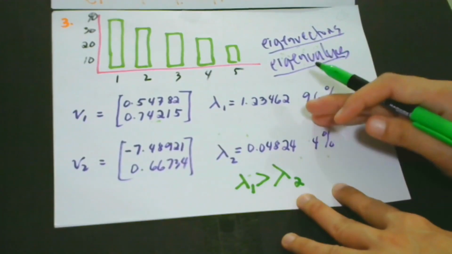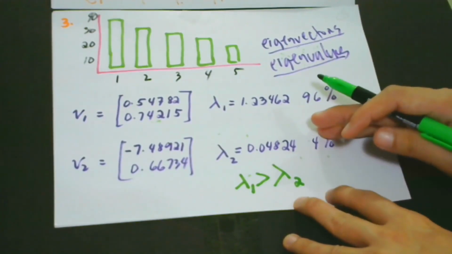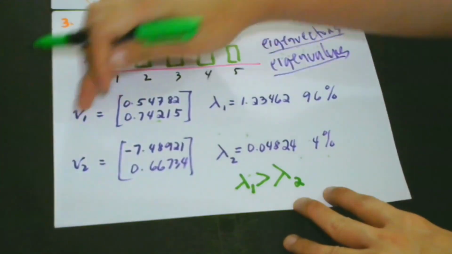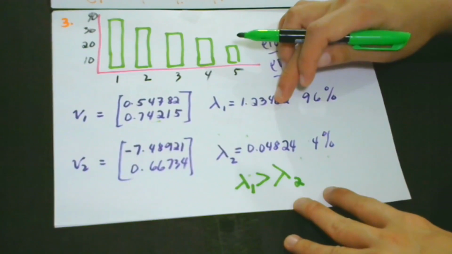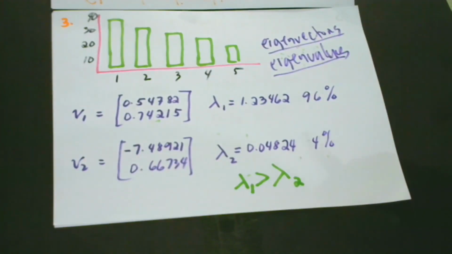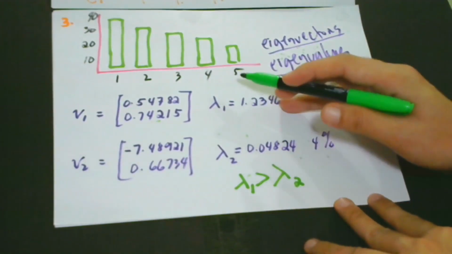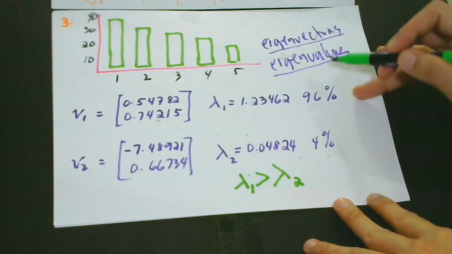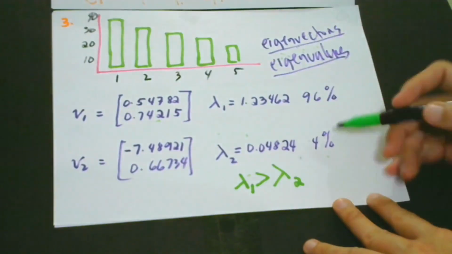This means that the eigenvector that corresponds to the first principal component is V1, and for the second component is V2. Based on the percentages of the covariances, we can say that the principal component number 1 is 96%, and the principal component number 2 is 4%.